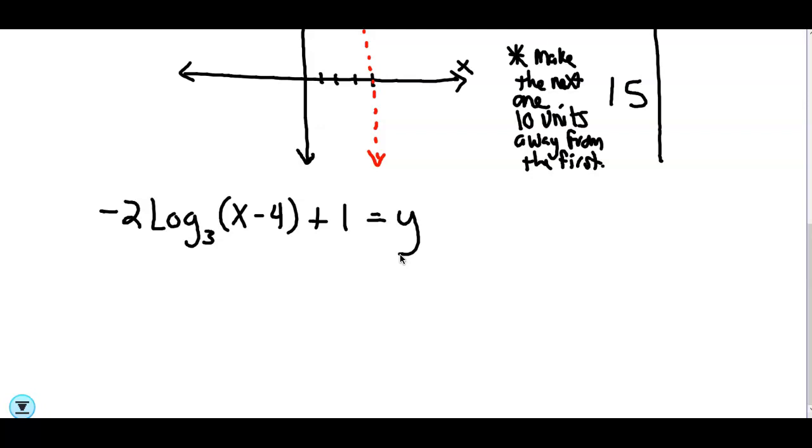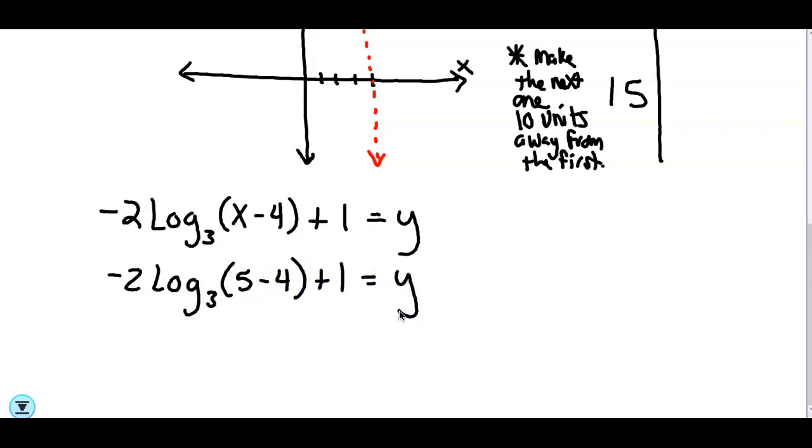So here we go. Let's plug in 5 first. All right, so we're going to do the subtraction first.